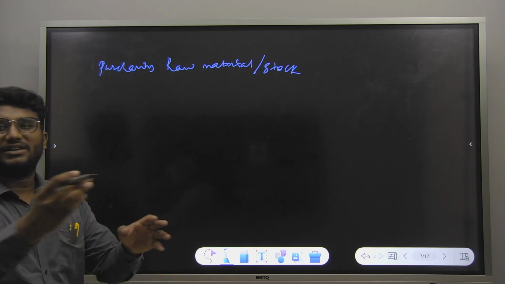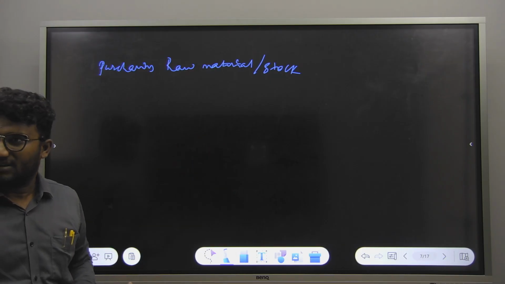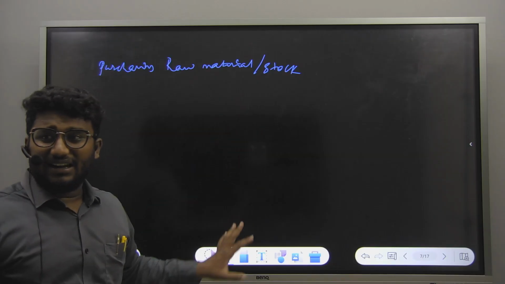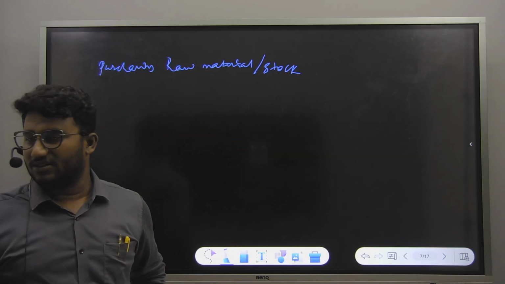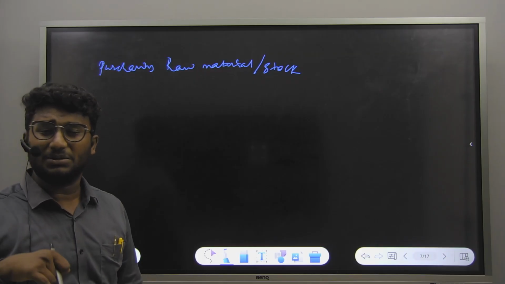Raw material is converted into finished goods. That is not going to stay with us. So that is a regular purchase for us.